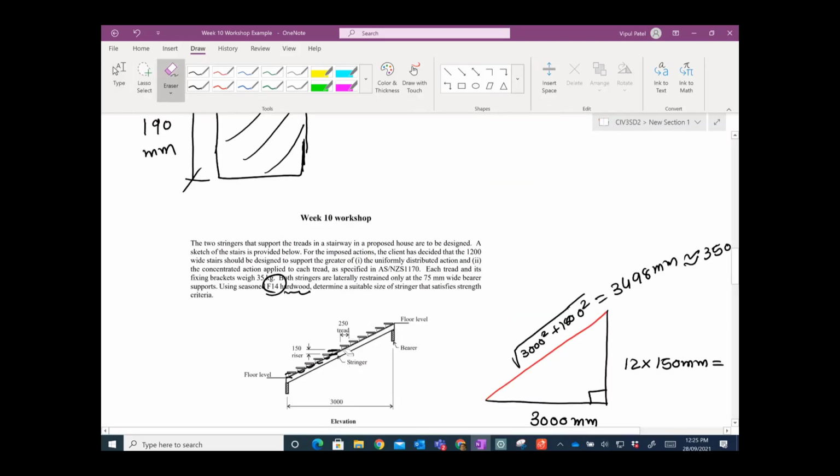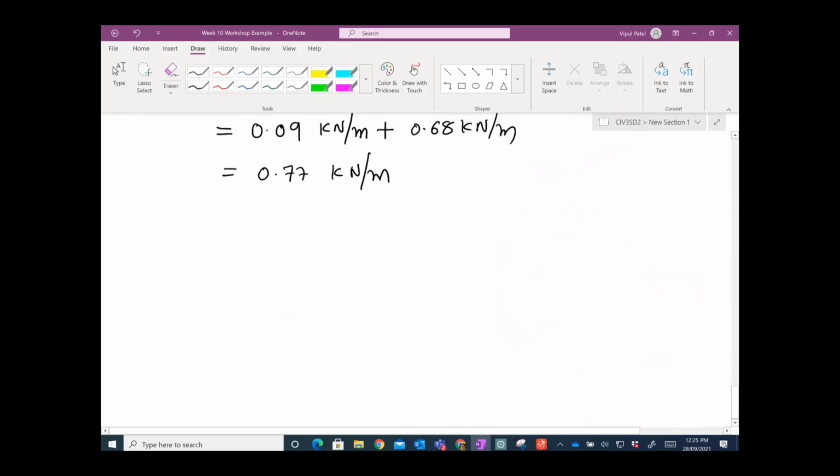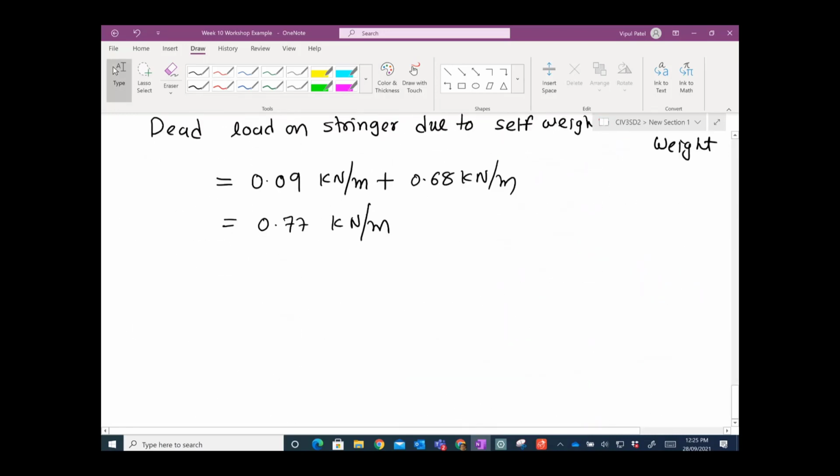Meaning that these stringers, due to their own weight and due to the tread, will get 0.77 kilonewton per meter as the weight.